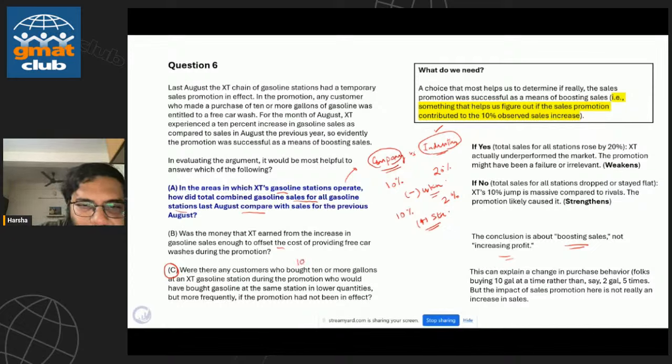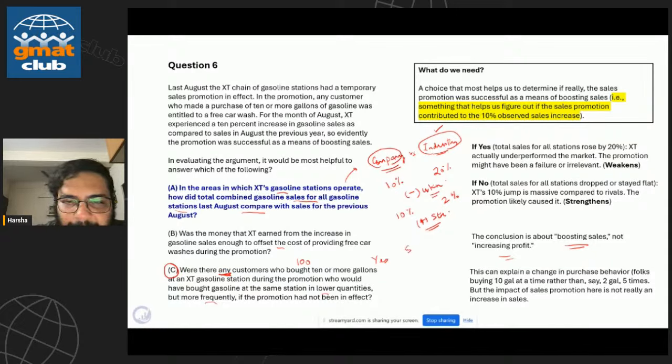Let's say there were 100 customers in total. Choice C on the yes direction would say, yes, were there any customers who bought 10 or more gallons at an XT gasoline station during the promotion who would have otherwise bought lower quantities but more frequently if the promotion had not been in effect? In other words, there are some people like this. Let's say out of those 100, there are 95 people who didn't really get touched by the promotion.